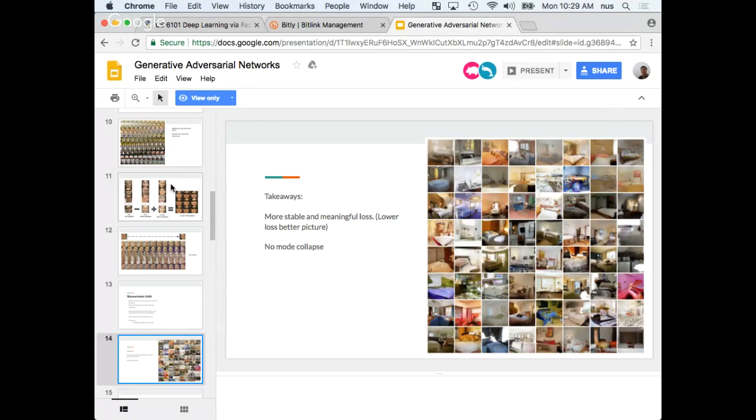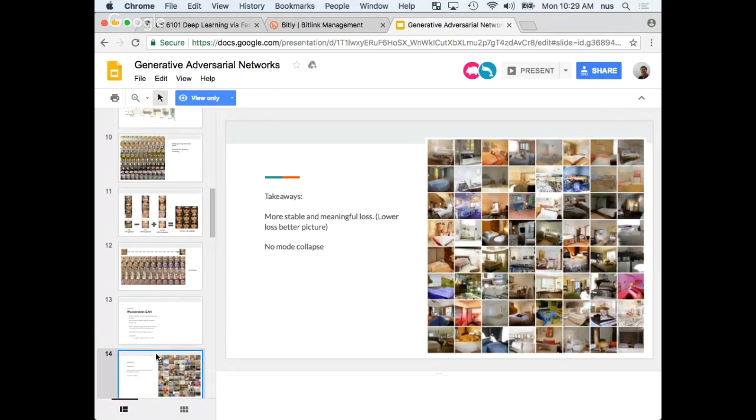And vice versa for the discriminator, if it's learned to just discriminate for one specific thing. Here, however, the loss function that they've defined allows you to actually see that a lower loss means that the quality of the image generated is better. So you have this intuition between lower loss and a better image.